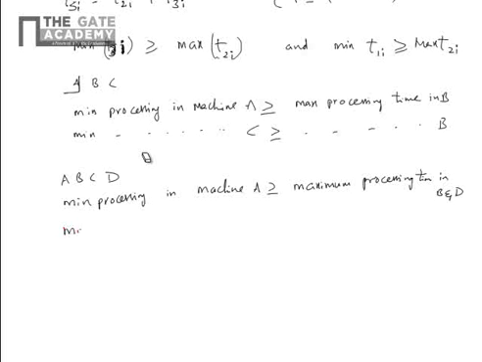So the minimum of processing time in machine D, so we only need to consider the minimum of the extreme machines, D is greater than or equal to the maximum of processing time in B and C again.